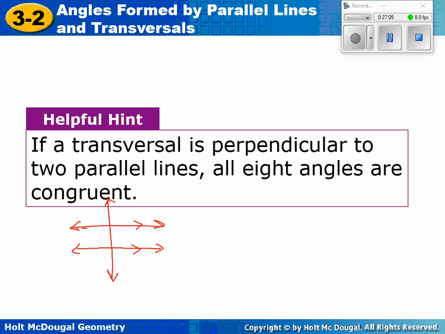What happens when two lines are perpendicular? Okay, they meet at a 90-degree angle or they intersect to form a right angle. So it says if the transversal is perpendicular to the two parallel lines, then all 8 angles are going to be what? 90 degrees, because they're all going to be right angles. So make sure that makes sense to you, because that's important.